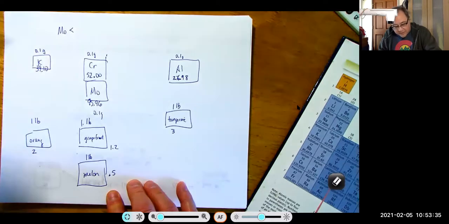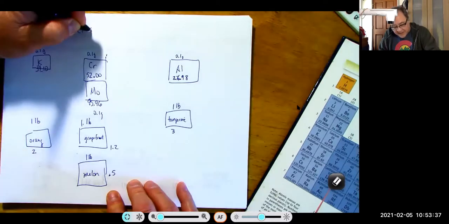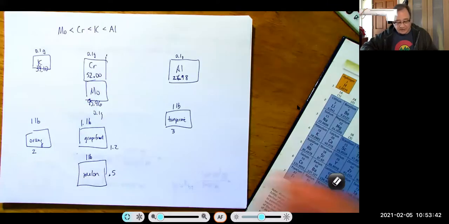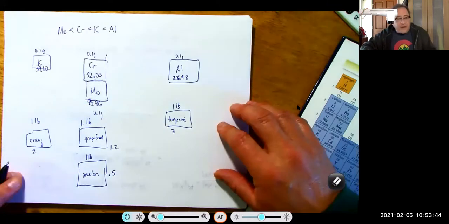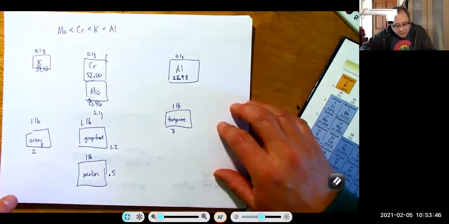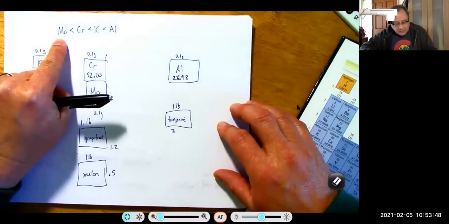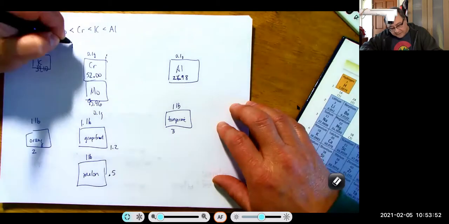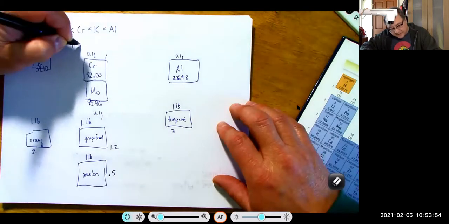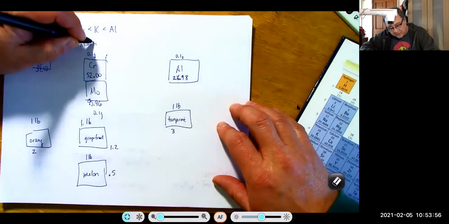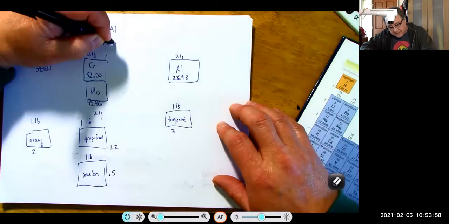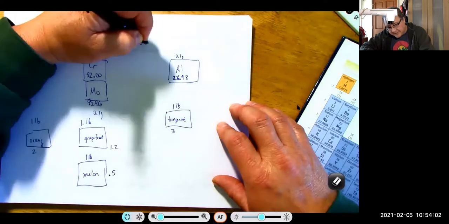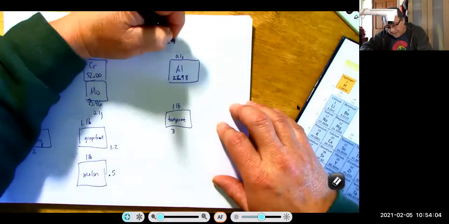The chromium would then be the next smallest, the potassium and the aluminum, and we didn't have to make a single calculation. But now we have to explain, why do we have so few molybdenums and so many aluminums? And the answer is simple. If the atom is smaller, the same mass gives more of them.